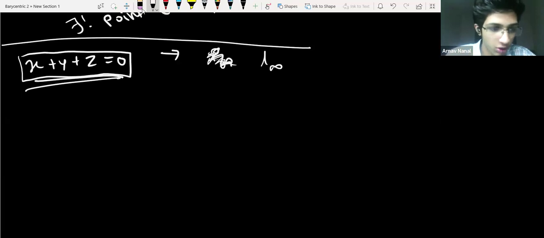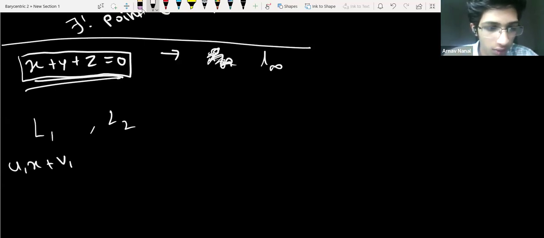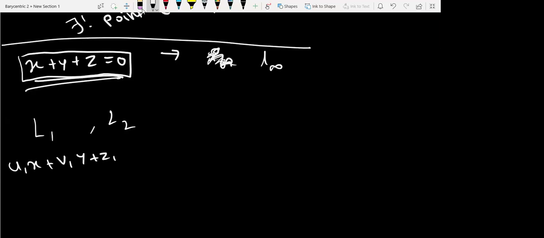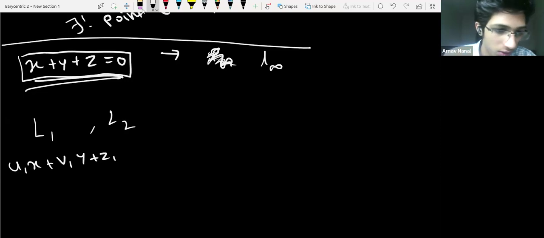So in barycentric coordinates we can now define parallel lines. Let's say two lines L1 and L2, u1 x plus v1 y plus w1 z equal to 0 and u2 x plus v2 y plus w2 z equal to 0. If the intersection lies on the line at infinity, then they're parallel.